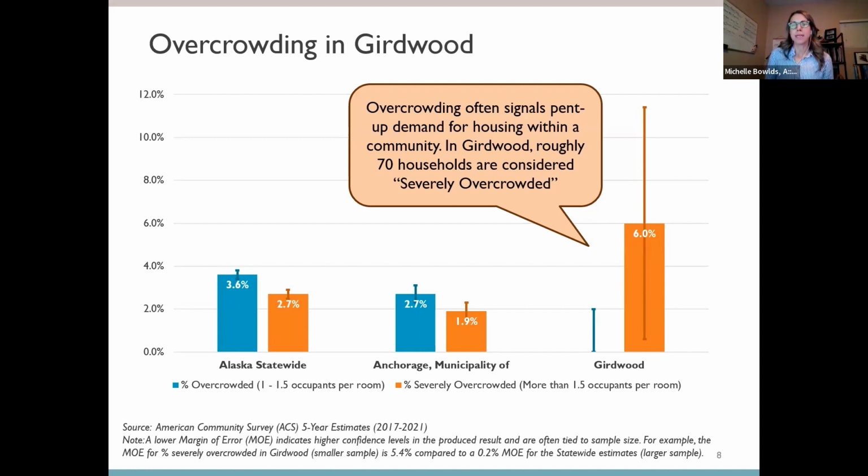One note about that data, we acknowledge that this has a high margin of error because of the small sample size, and this is not intended to be an exact estimate of the number of households, but more of an indication of the scale of the pent-up demand that currently exists within the community. So this is more of an indicator for scale rather than a precise data point that we're using for this model.